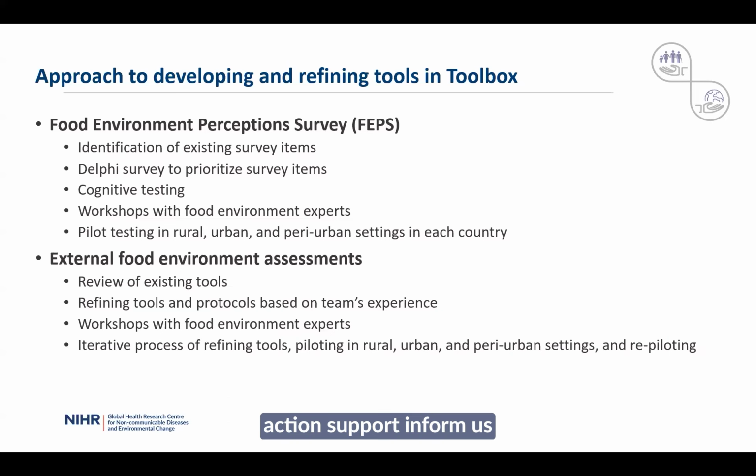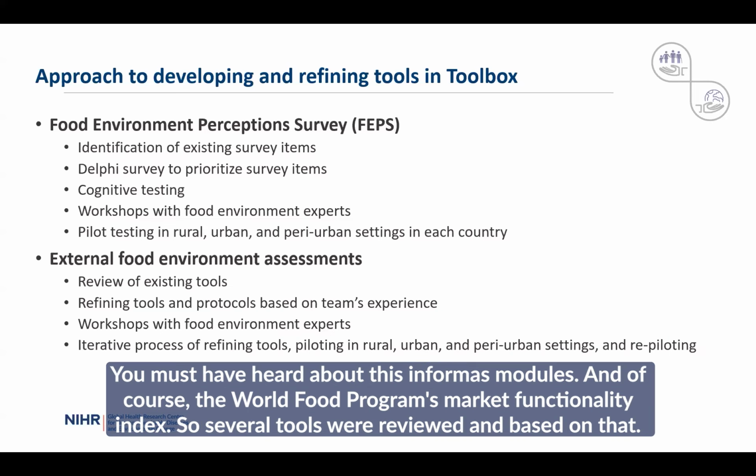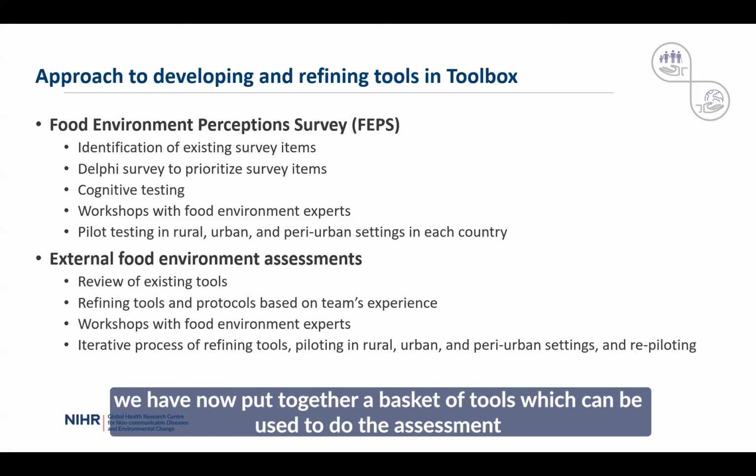You must have heard about these INFORMAS modules, and of course, the World Food Programme's Market Functionality Index. So several tools were reviewed, and based on that, we have now put together a basket of tools which can be used to do the assessment of the external food environment.